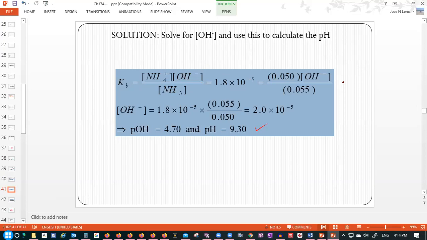There's a little modification on this formula that we just created here.